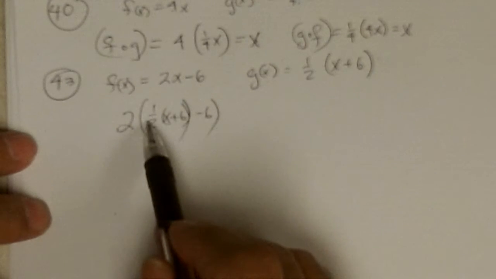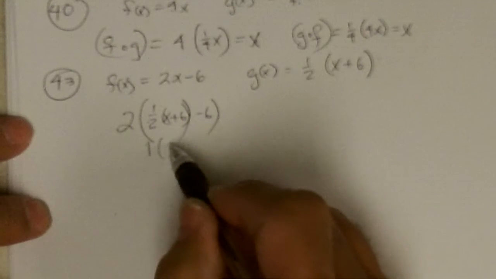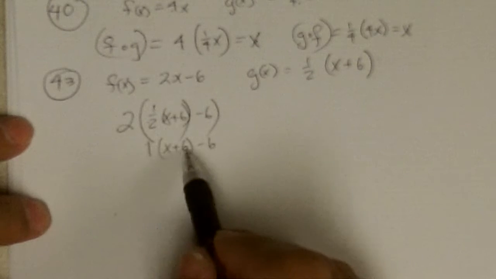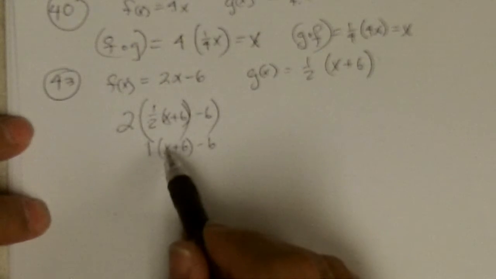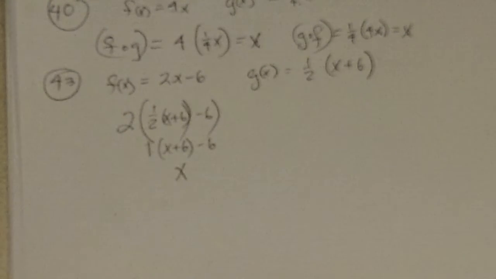So 2 times the half is 1 times x plus 6 minus 6, and the 1 times this doesn't change things, so we can drop the parentheses, and so we get x plus 6 minus 6, which is x.